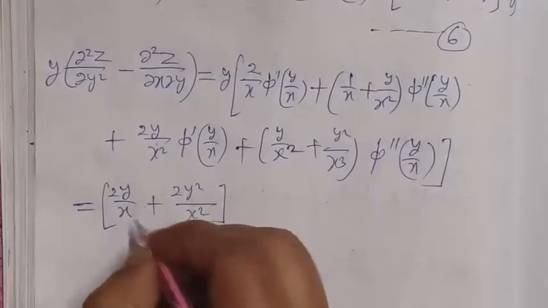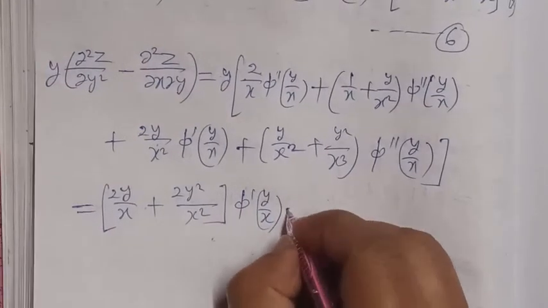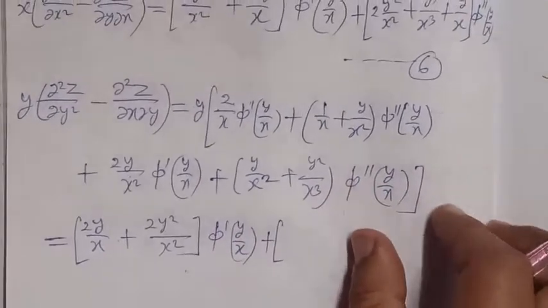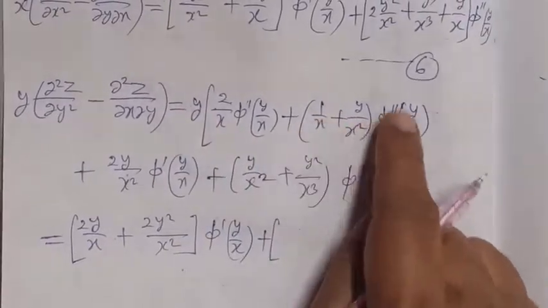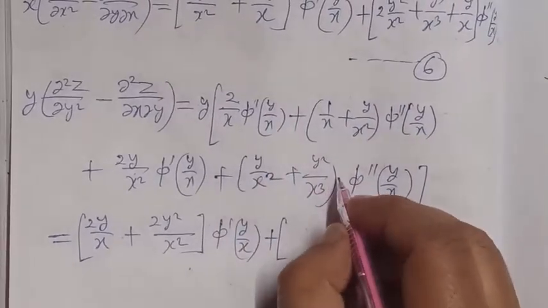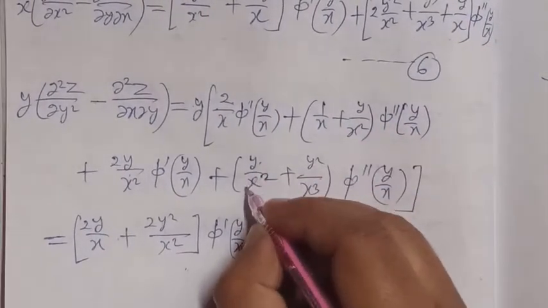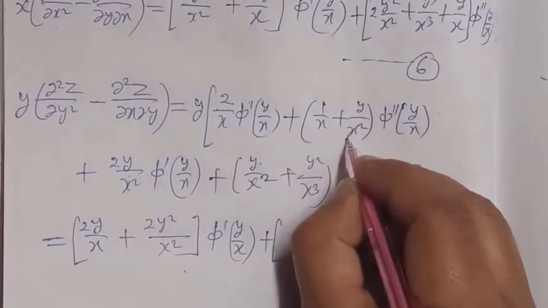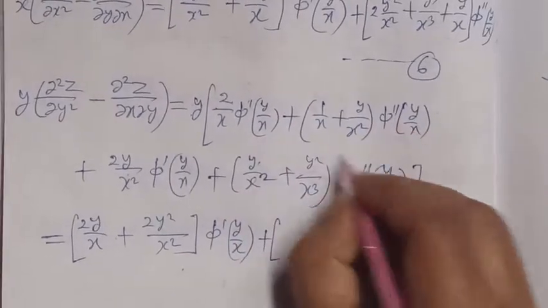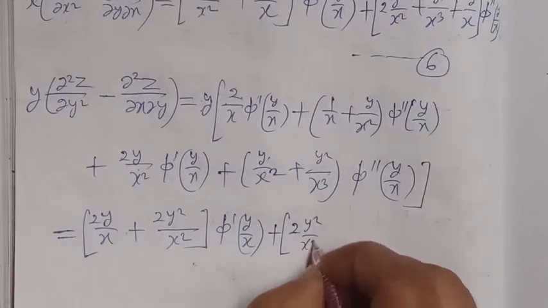So finally we get the coefficient of φ dash, which is a function of y upon x. Also we have to collect the coefficient of φ double dash. So I multiply y to this term and this term. Here y upon x square is present in both terms. On multiplying y it becomes y square upon x square, also here y square upon x square, which is the coefficient of φ double dash. So it becomes 2 times y square upon x square.